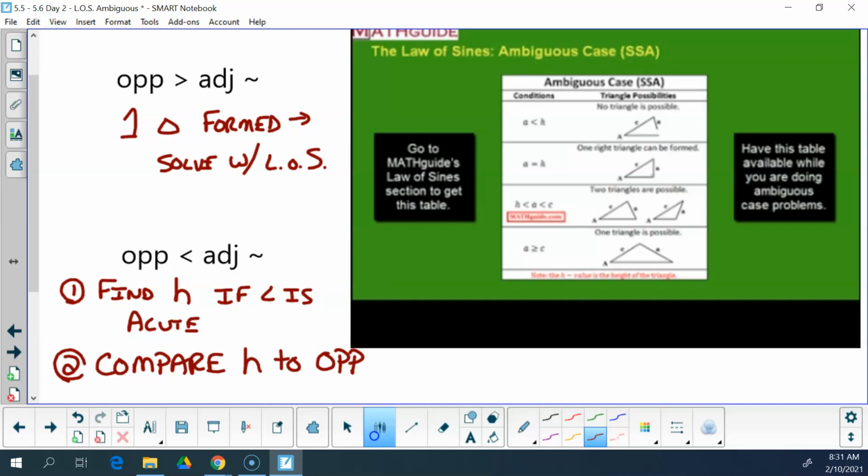If the opposite side is bigger than h, 2 triangles. Equal, 1 right triangle. Smaller, no triangle.